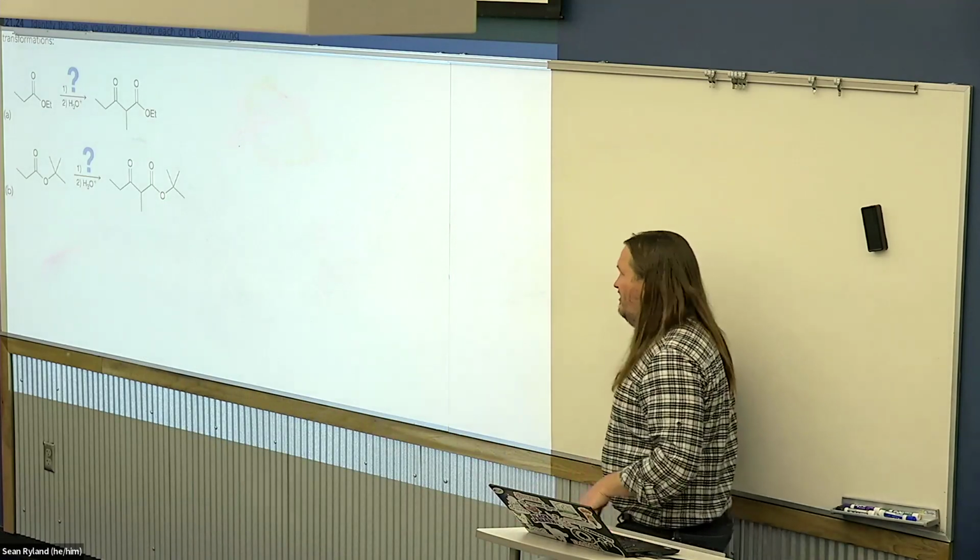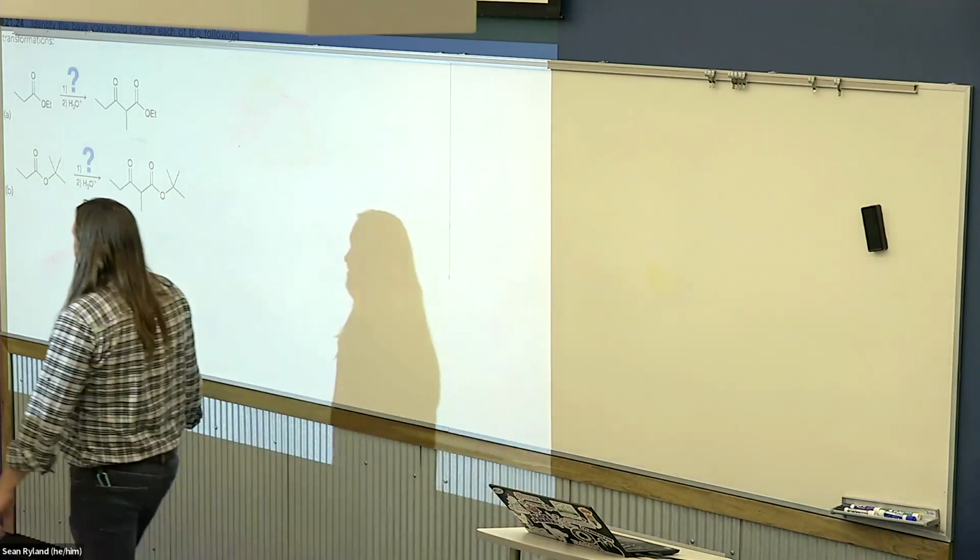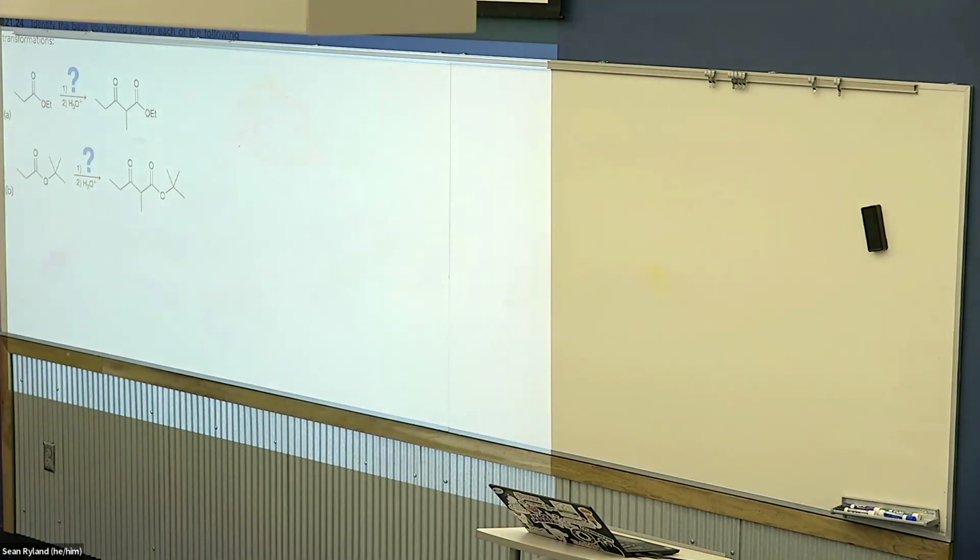All right, so this is actually a pretty straightforward one. What base would you use? In both of these cases, they're Claisen condensations, so you're going to get two of these molecules and stick them together. So what base do you use for step 1?